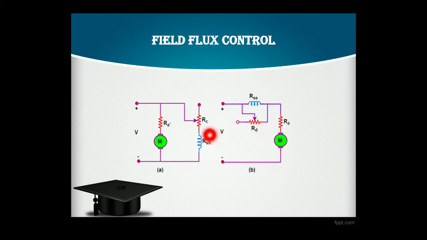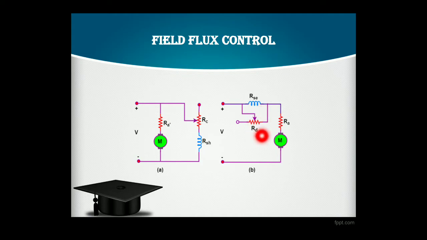If we control the variable resistance, we can control the flow of current to the shunt field winding. And if we increase the parallel resistance Rd, then more current will flow through the series field winding.